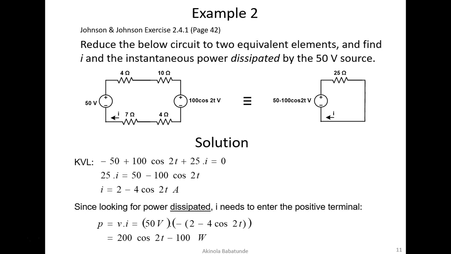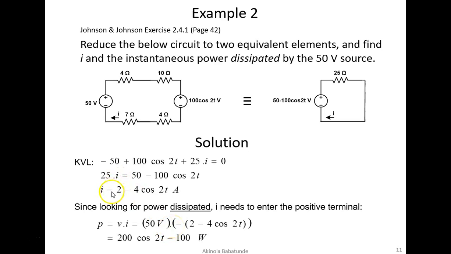So since we're looking for power dissipated, power has to enter the positive terminal. In that particular case, our P will be equal to VI. The V is going to be equal to 50 volts, so P will be 50 volts multiplied by the current.